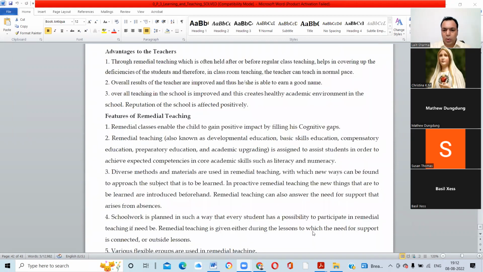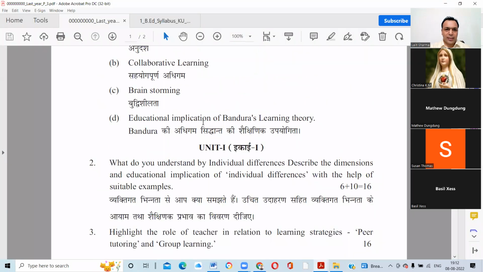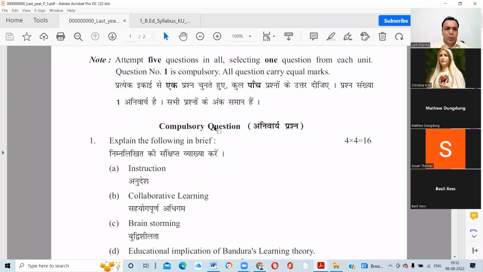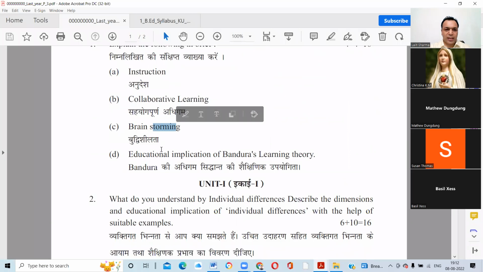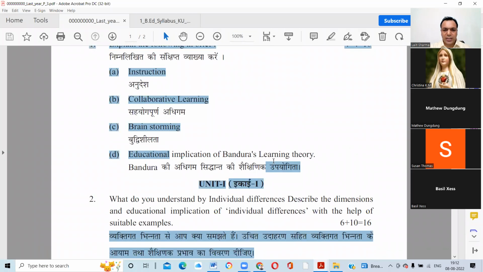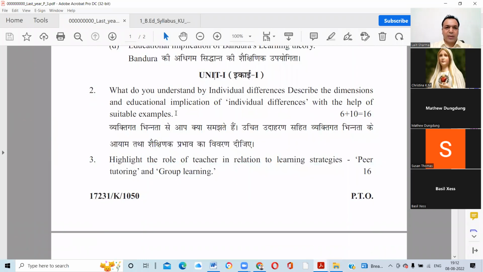So guys, the whole paper we have discussed. Okay, you can see that this is your paper, right? In the compulsory note, instructions we are done, collaborative done, brainstorming we have discussed, educational implications of Bandura's learning theory we have discussed. In Unit 1 we have discussed individual differences.